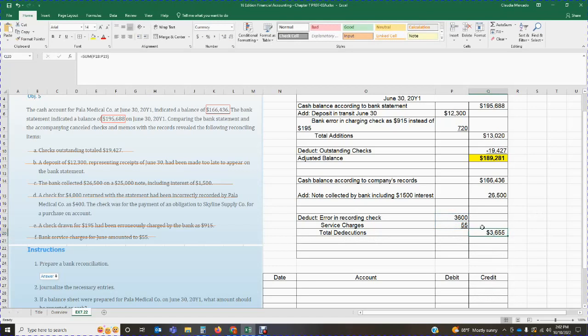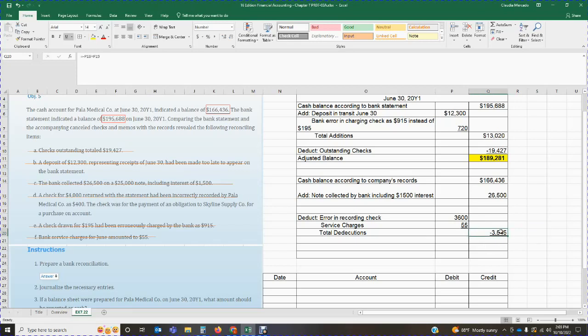And because it's a deduction, I'm going to subtract. Let me format it that way so they're consistent.